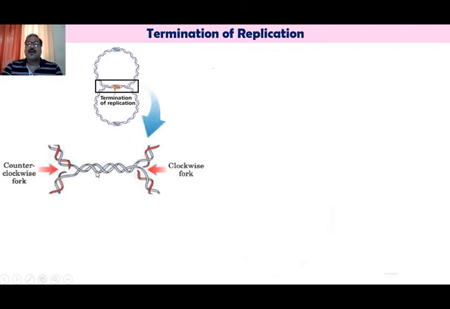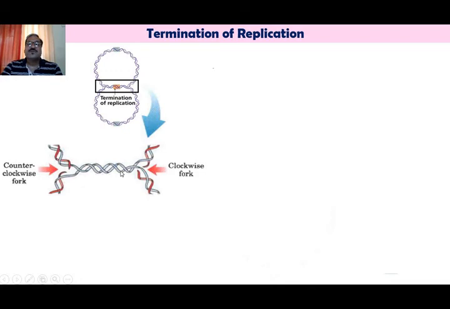Now we shall see the third step, that is the termination step of replication. As the process of elongation proceeds, eventually the two replication forks of the circular E. coli chromosome meet at a terminus region containing multiple copies of a 20 base pair sequence called TER. The TER sequences are arranged on the chromosome to create a trap that a replication fork can enter but cannot leave.